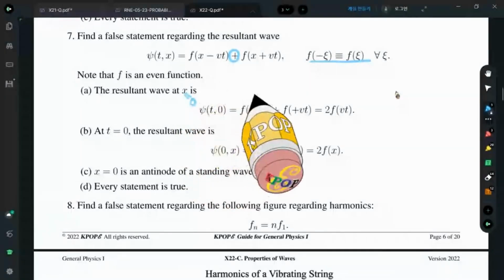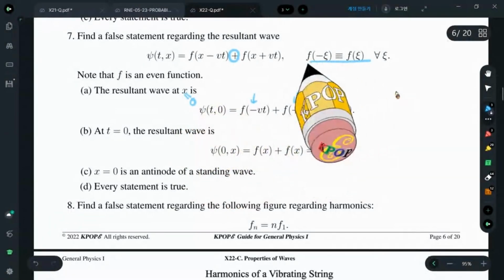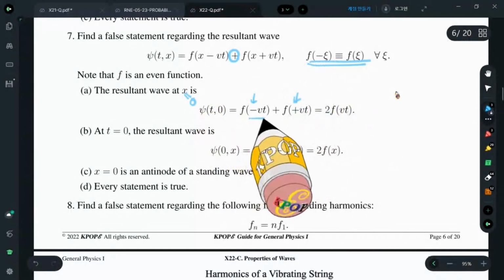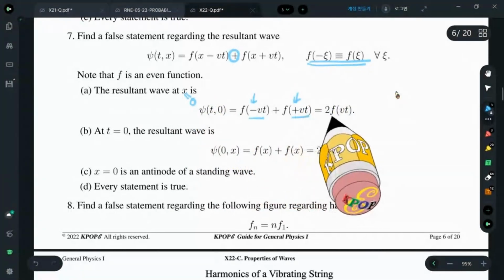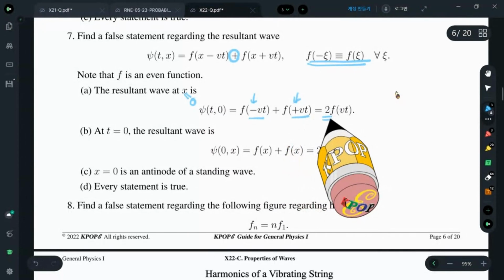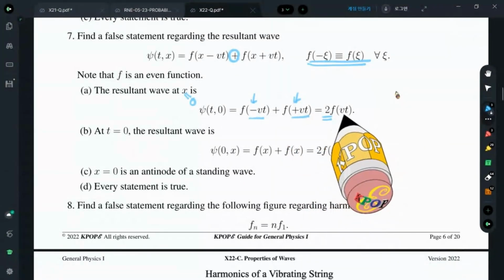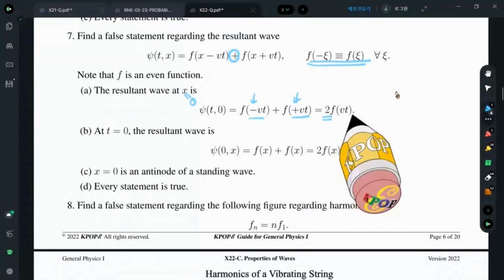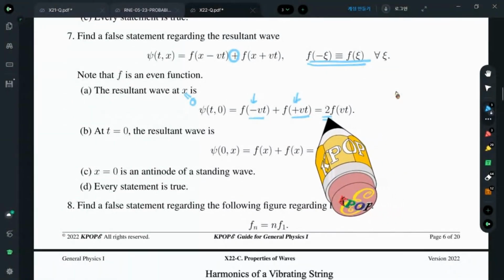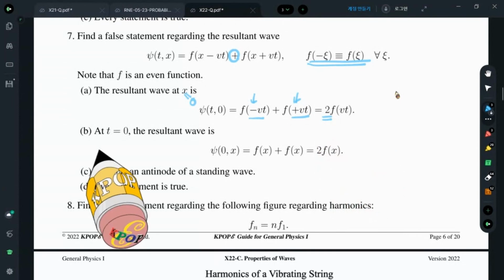If I substitute 0, we know it is an even function. It is doubled. It is completely constructive interference. The amplitude is doubled.